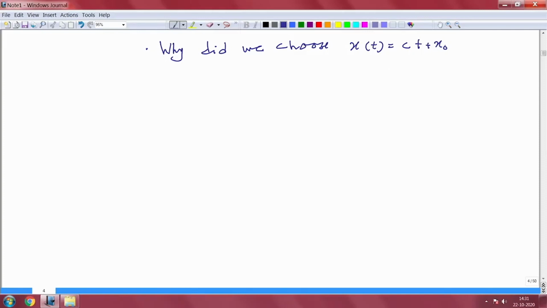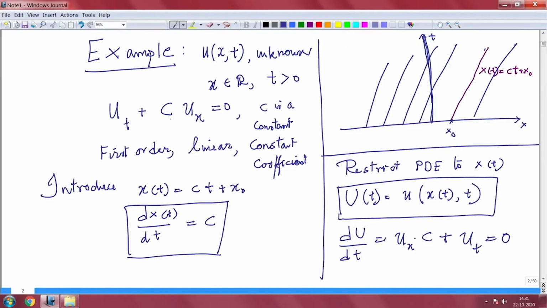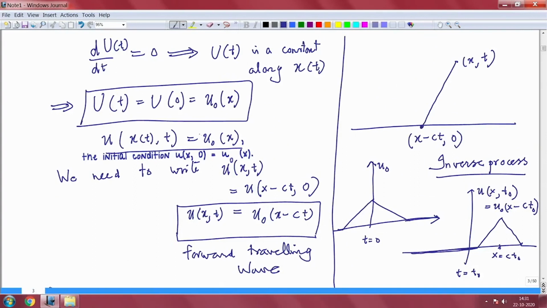Okay. Now, let us go back to one more thing. The one which we have considered is called an initial value problem. So, you have a problem u t plus c u x, and the values of u naught are given here. That is what we have used. The u 0, I have not mentioned here, so let me mention it here.